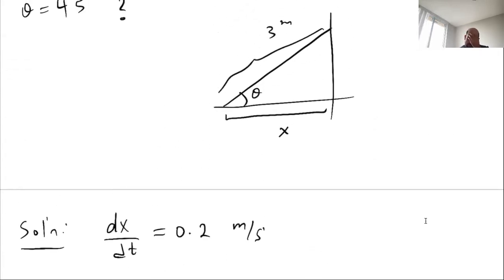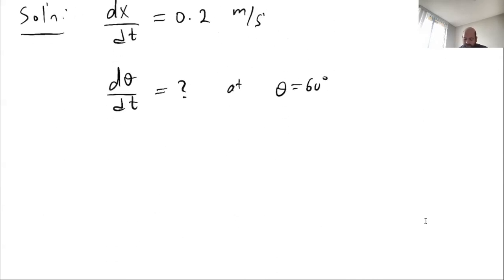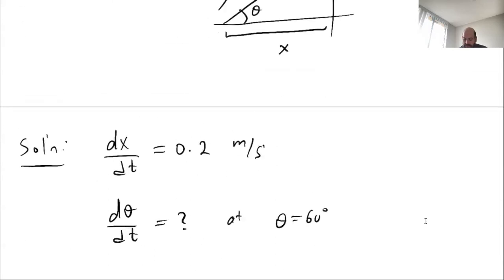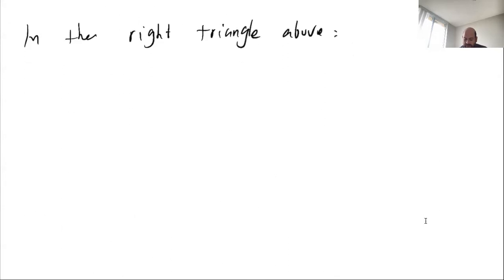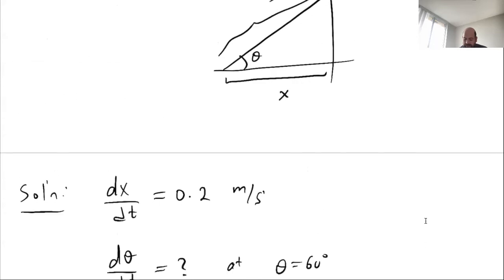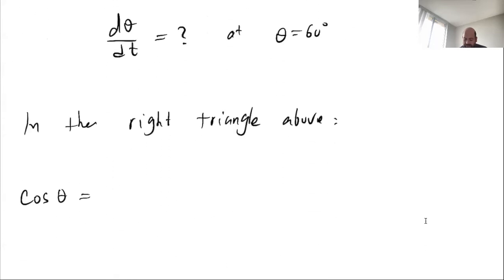Okay, see here we have a right triangle. So in the right triangle above, what can we say? We can write cos theta. Cos theta is equal to x over 3.